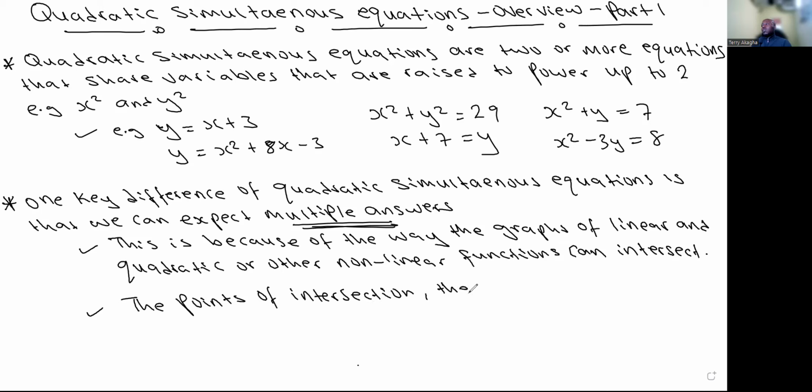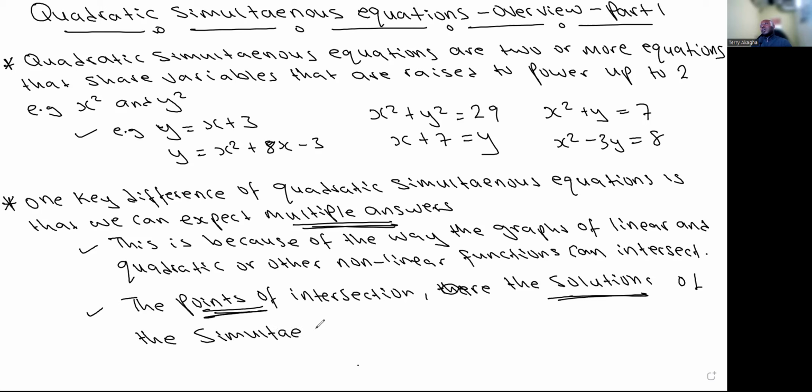The point that both graphs share, either a linear and a quadratic or two quadratic graphs, are the solutions of the simultaneous equation.